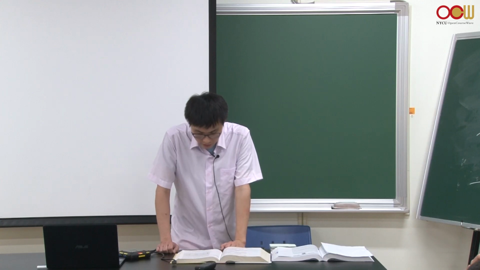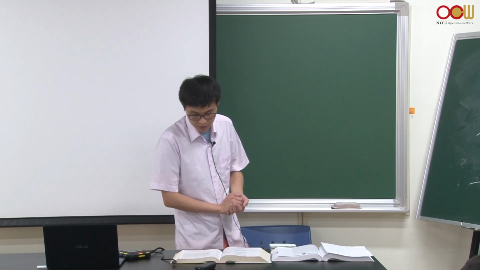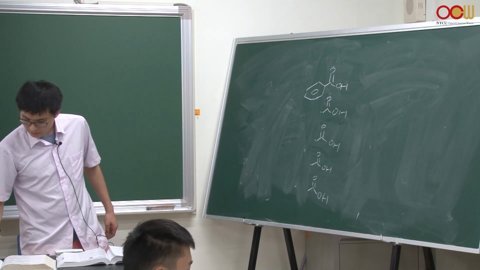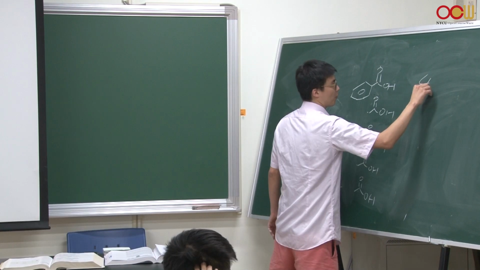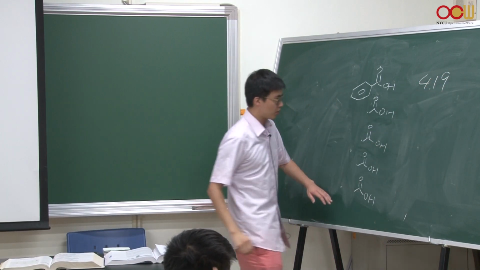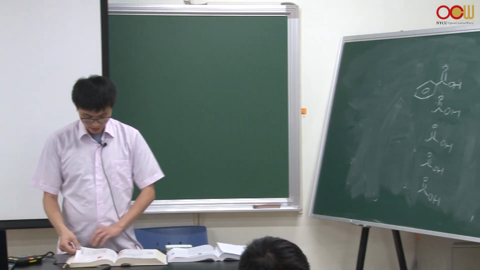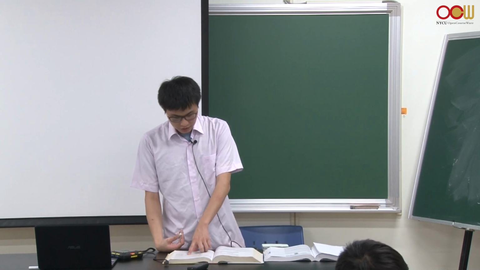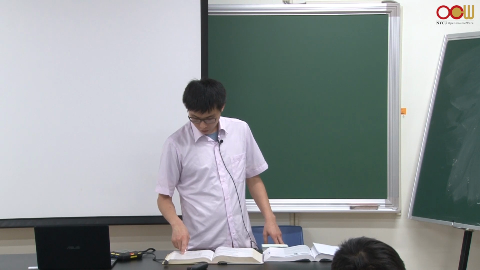Then similarly, we can observe the same trend in aromatic carboxylic acids. So we could have benzoic acid, which has a pKa of 4.19. And remember with the CH3, you have a pKa of 4.87. So just a benzene ring, benzoic acid, has a pKa of 4.19.